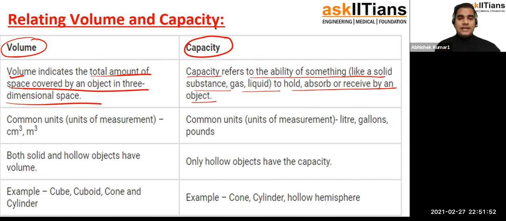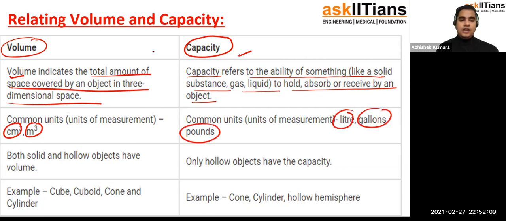That's what we call capacity. There is a minor difference although. Volume is generally measured in units like centimeter cube, meter cube. And capacity is generally measured in liter, gallons, pounds, etc.